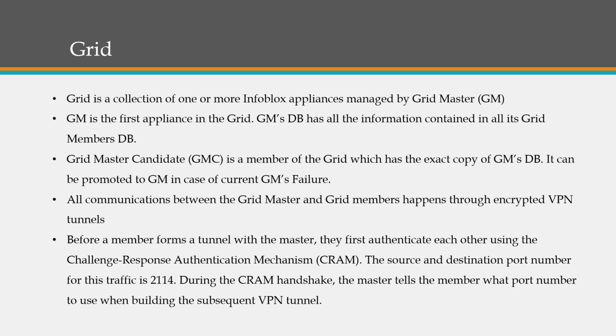The second advantage is that if one of the appliances in the grid fails, since the grid master has a copy of the database of all its members, even if a particular member fails, that appliance can be replaced by a new appliance and the grid master will sync the information that was contained in the failed appliance to the new appliance.